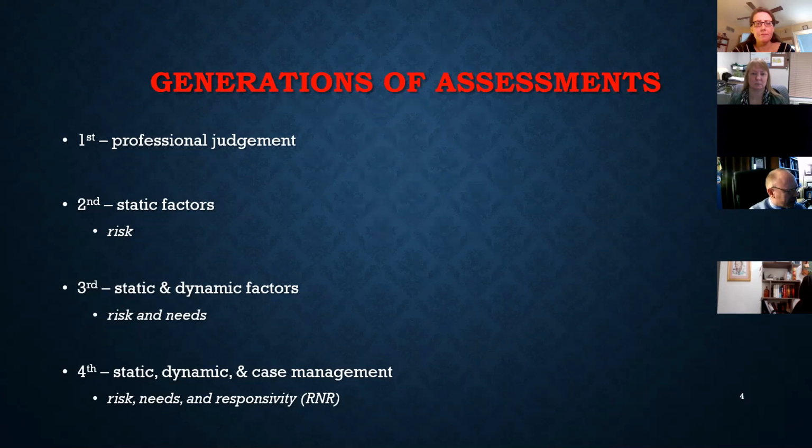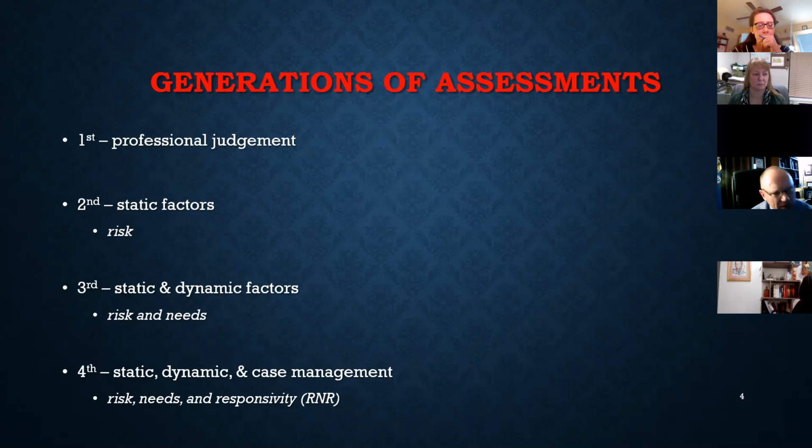And when you look at that, you're really looking at an unstructured investigation, an interview, or whatever you want to call it, an evaluation of risk, which is based on your experience as a professional in that line of work, able to make an assessment in terms of what risk level that individual fell under.